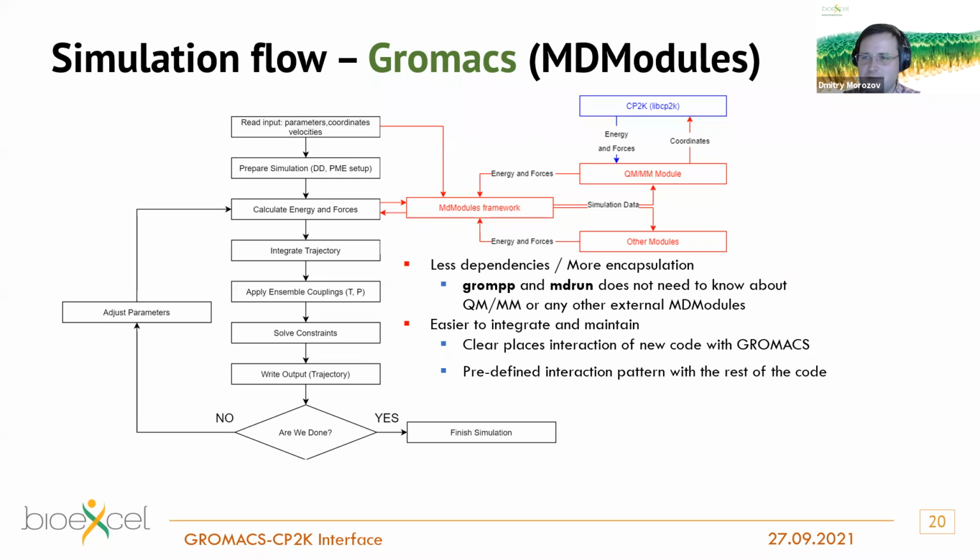For example, if something stops being supported, it can be cut out of GROMACS within, like I said, 1 day, basically less. Or something can be added quite fast also. And of course, we have a predefined interaction pattern, which cannot be changed by the module itself. So they need to follow the rules. Okay, so that's the more programming part of my talk.